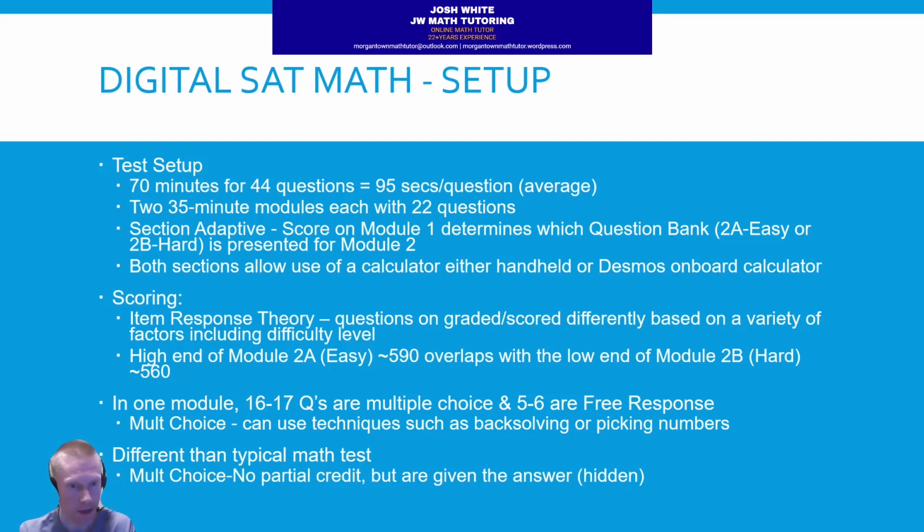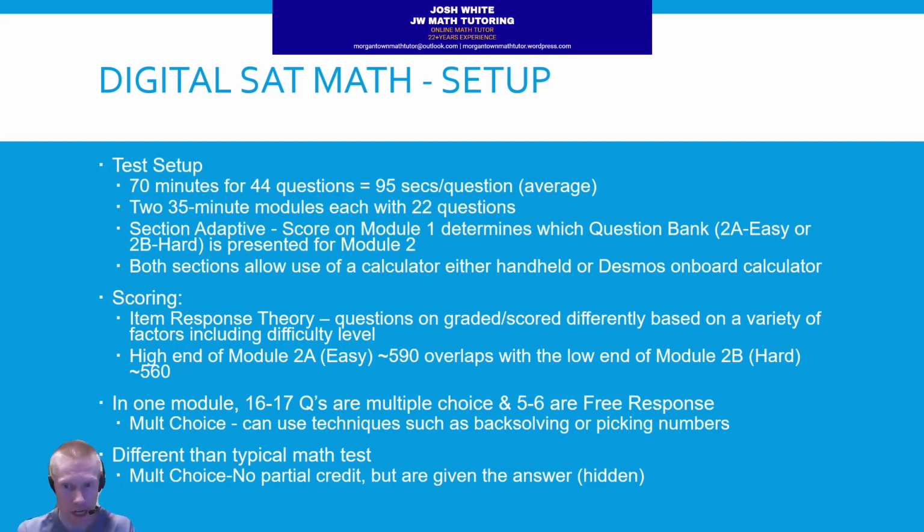Now, another thing to keep in mind is that if you get the easier of the two second modules, what I call module 2A, essentially the maximum that you can score, even if you got every single question correct on the second module, is somewhere around a 590, maybe a 600.